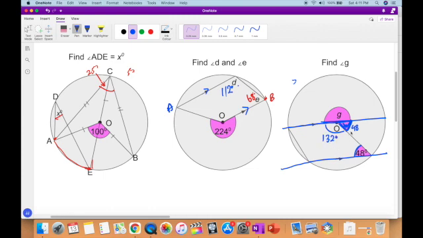Now that we see O is 132 degrees, we can find G. G will be 360, angles around a point, 360 minus 132, so G is 228 degrees. You can see here, we didn't really have to do that much circle theory. This one was more based on the parallel lines.